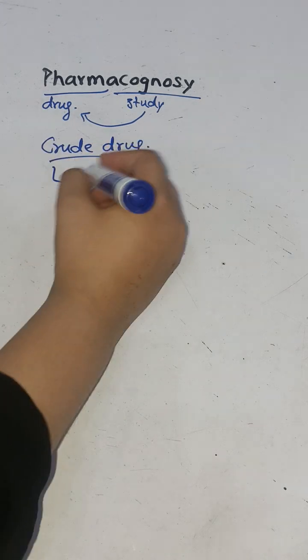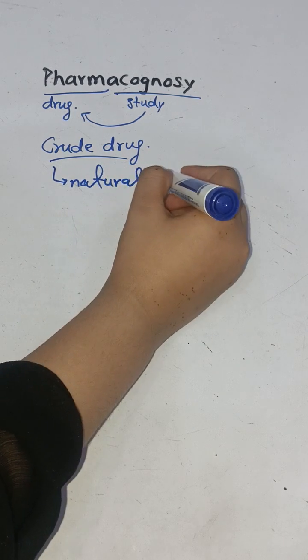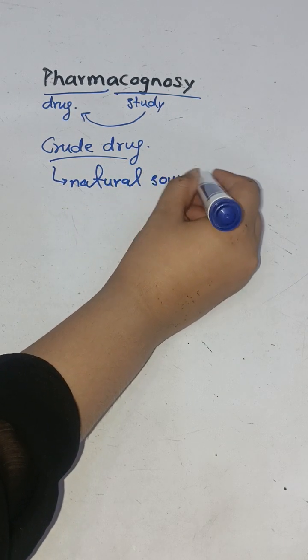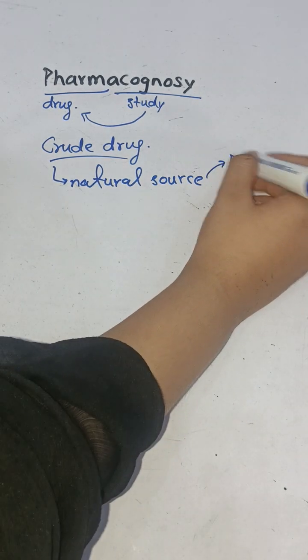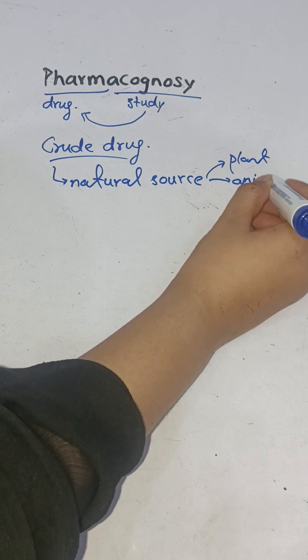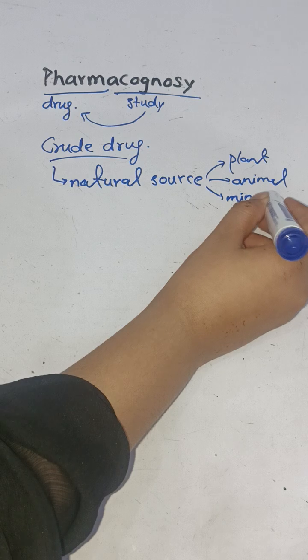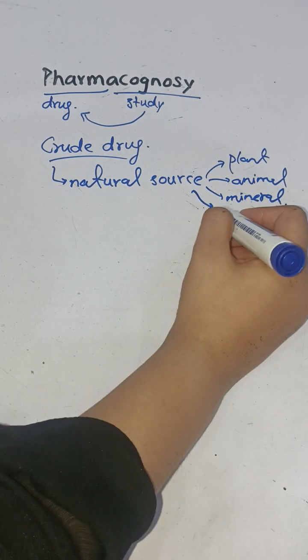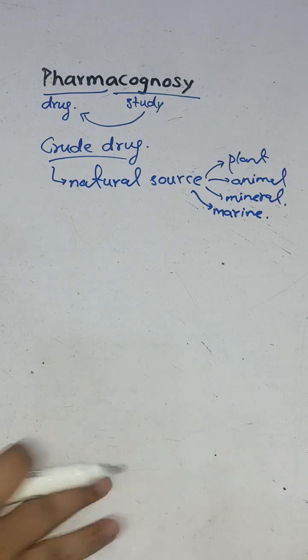They cannot be prepared artificially. What are the natural sources? We have plants, we have animals, we have minerals, and we have marine organisms, marine plants and marine animals.